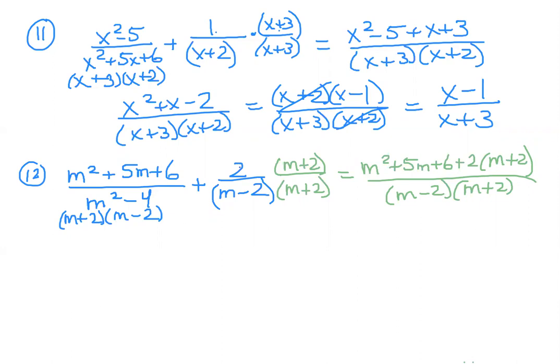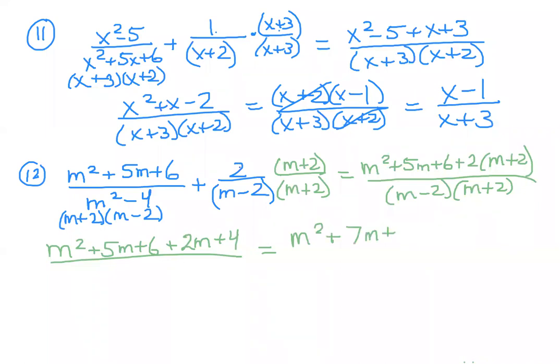But now let's simplify the numerator. We've got m squared plus 5m plus 6. Distributing that 2, we have plus 2m plus 4 over our denominator. Let's simplify the numerator into m squared plus 7m plus 10 over m minus 2, m plus 2.